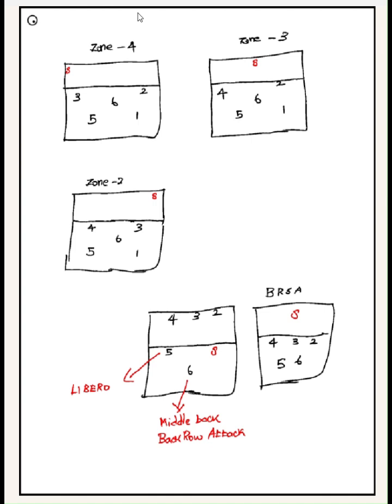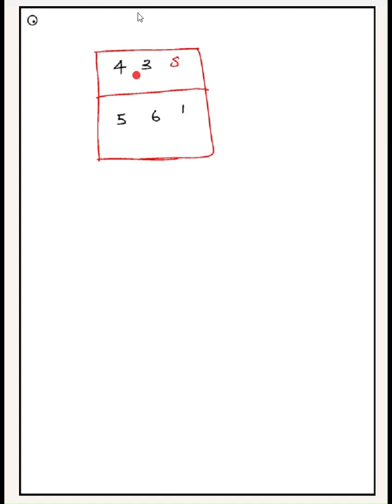The dynamics will change a little bit when the setter goes to the front. The setter will be standing here. The other players, 4 and 3, will be standing here, and 5, 6, 1 will be standing here.